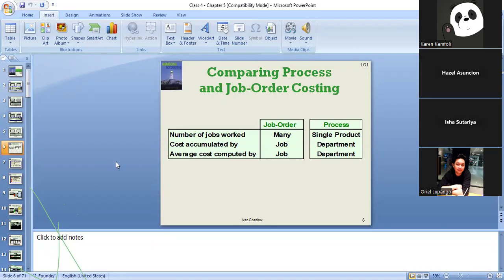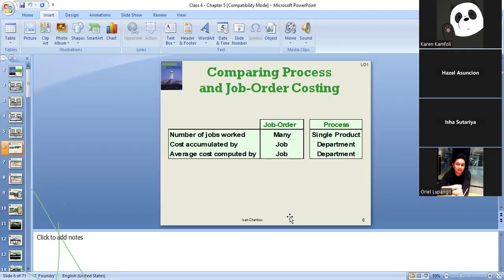Next is to compare those two. First we have the job order.